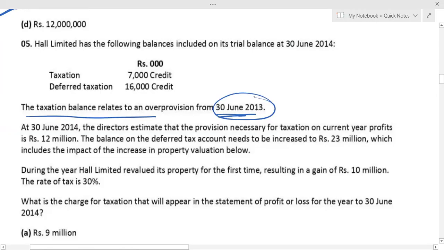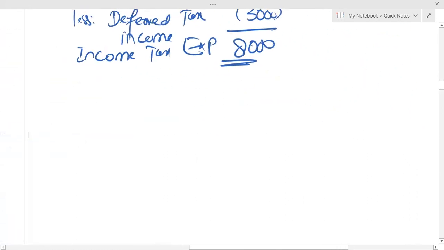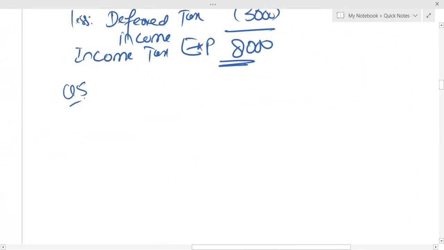So in the trial balance to 2014, they have given you simply the opening balances of taxation and deferred tax liability. At 30th June 14, the director estimated what we need to calculate: what is the charge for the taxation that will appear in the statement of P&L. Question number 5 again, let's go for the T account. That will help you.